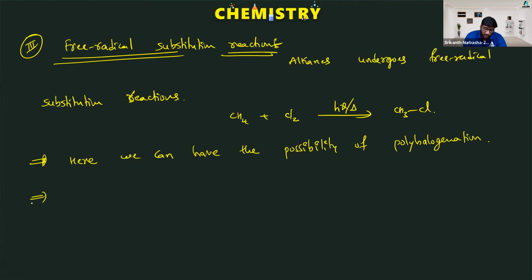So this actually proceeds in 3 steps. Chain initiation. What happens in chain initiation, students? CH4 plus Cl2 in the presence of hν or heating produces Cl dot. Can anyone say what happens in chain initiation?